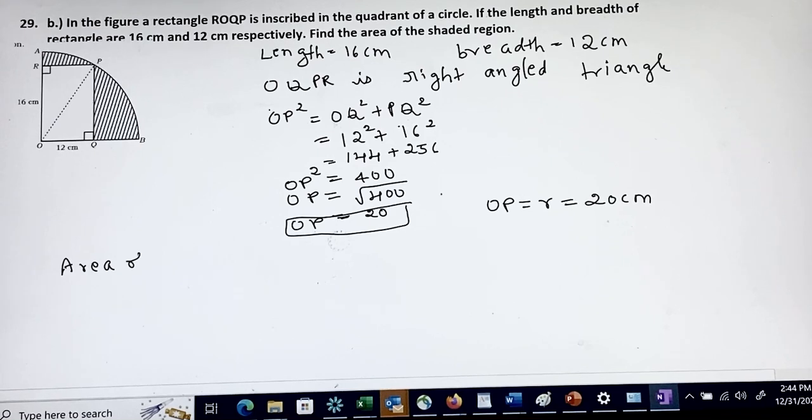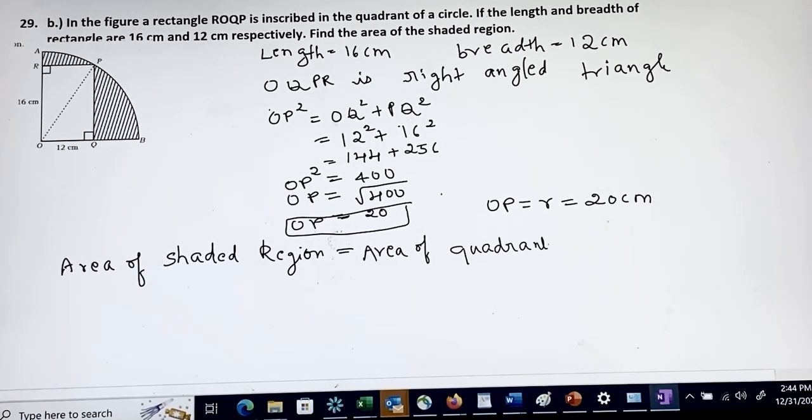Area of shaded region. So first, this entire diagram represents the quadrant of the circle, right? So first we need to find the area of the quadrant of the circle. Okay, minus from this area of quadrant, what do we need to remove?